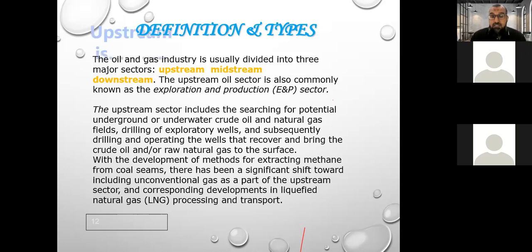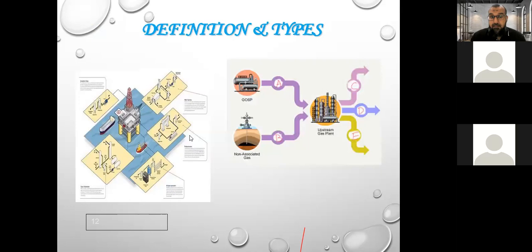Okay, however, the midstream is the thing between upstream and downstream. And actually, the midstream is mainly for the pipeline and for the first processing of the oil after being explored.